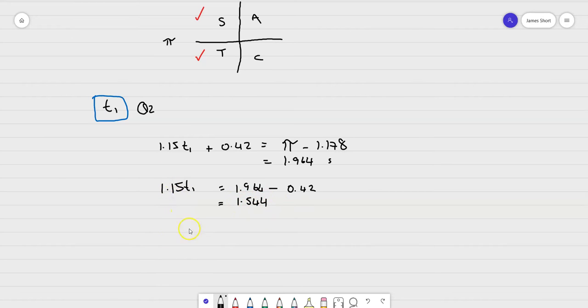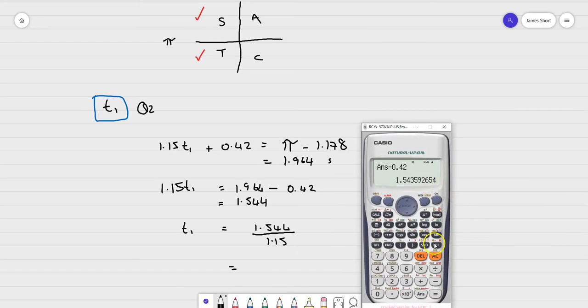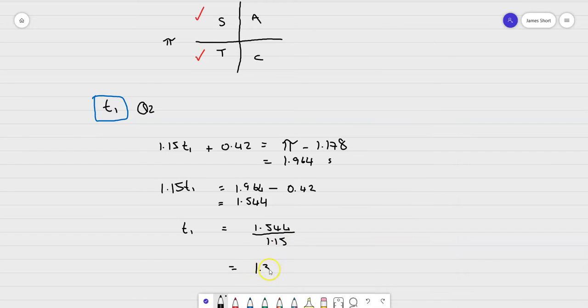Now we're going to take this 1.15 to the side. So T1 is equal to 1.544 over 1.15. Answer divided by 1.15 is 1.342 seconds. So I'm just going to underline that one.